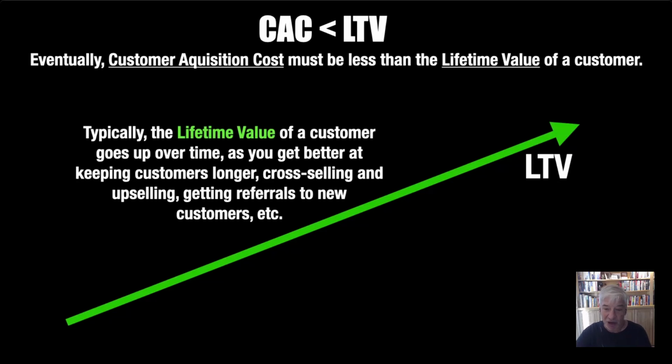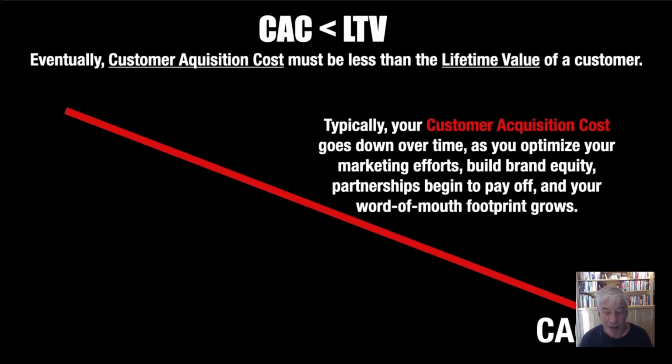And over time, our lifetime value of a customer goes up because we're getting better at keeping customers. We're able to cross-sell them and upsell them. We have new products coming out, etc. And so over time, the lifetime value of a customer should hopefully be going up. And also over time, the cost of getting a customer, our customer acquisition cost, is hopefully coming down because our sales and marketing and advertising is getting more optimized.